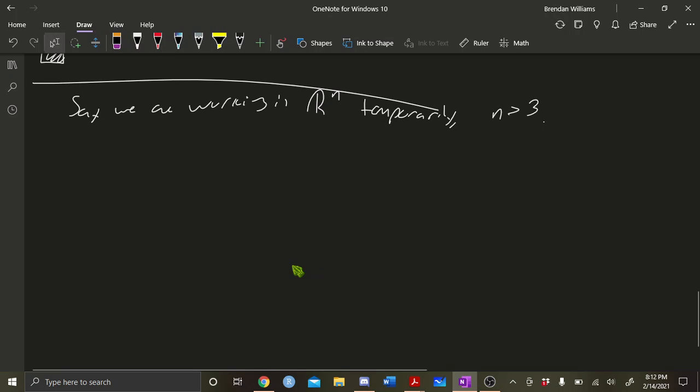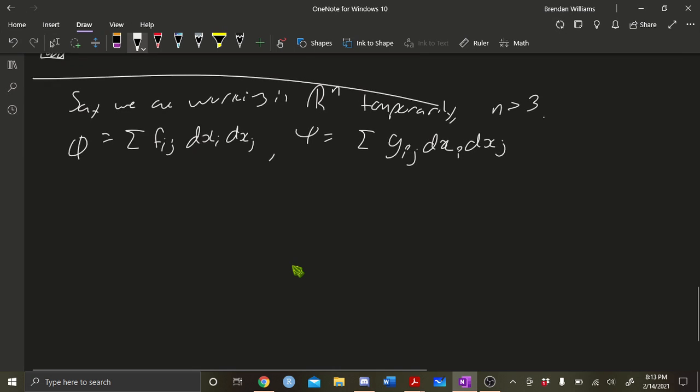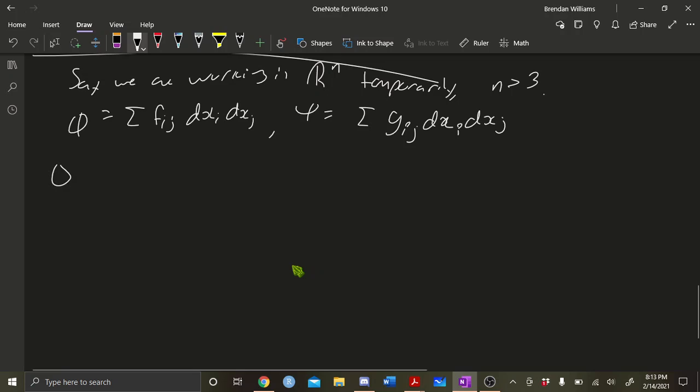So we're going to write that phi is equal to the sum of f sub ij dx sub i dx sub j, and psi is equal to the sum of g sub ij dx sub i dx sub j. This is a very similar proof to the last one.